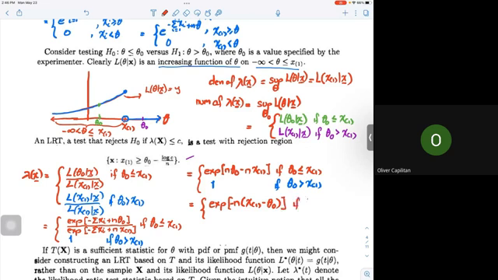This is if theta sub 0 is less than x sub (1). And then sa blue, 1 if theta sub 0 is greater than x sub (1). Okay. So this is actually our likelihood ratio test statistic.